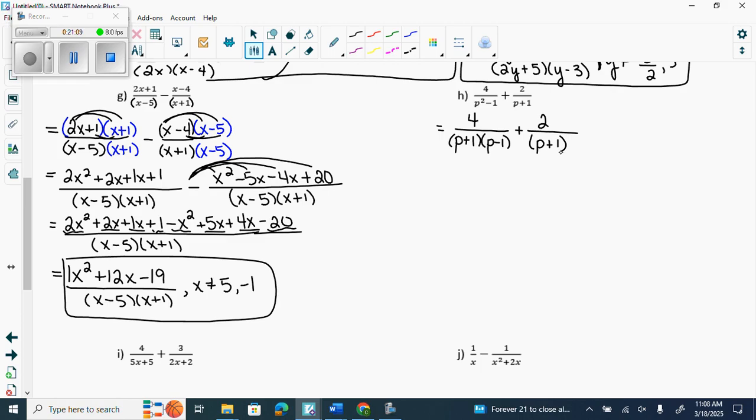How can I make a common denominator? Add a p minus 1 to the right side. Yeah. So we have to multiply this one by p minus 1. I do the denominator, I do the numerator, I change the whole expression.